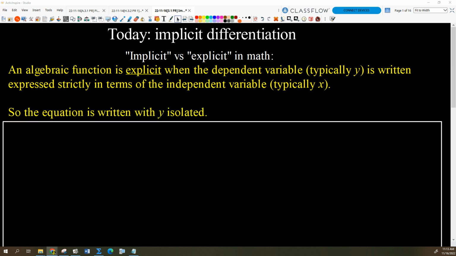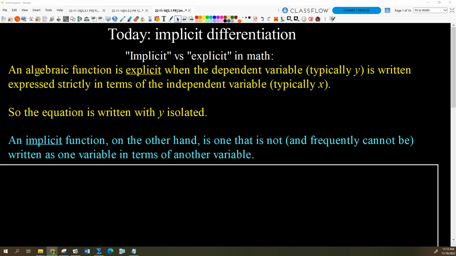So another way of saying that is the equation is written with y isolated. The y appears one time on the left side of the equation and everything else is on the other side. Okay, that's an explicit process. That's normal for us, right?